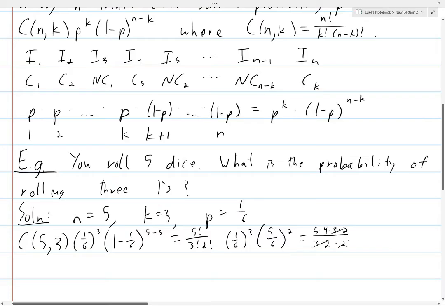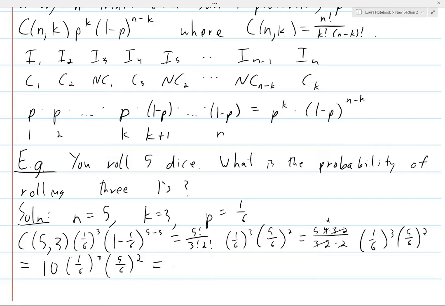So this is going to be 10 times 1/6 to the third, 5/6 squared. At this point, I don't think they're really going to want you to do the numbers and everything. I mean, if you really need to, I suppose it's possible. But at this point, you just plug it into a calculator.